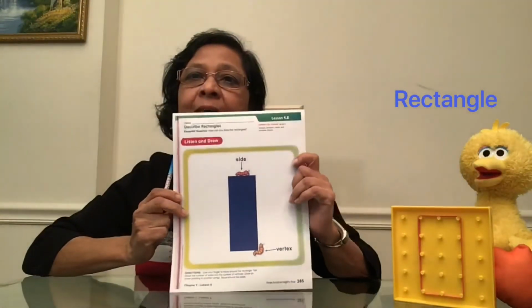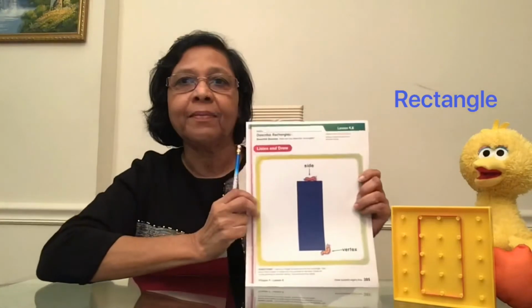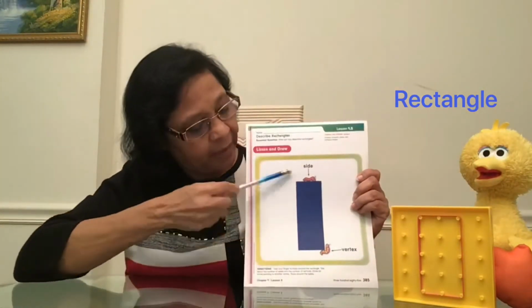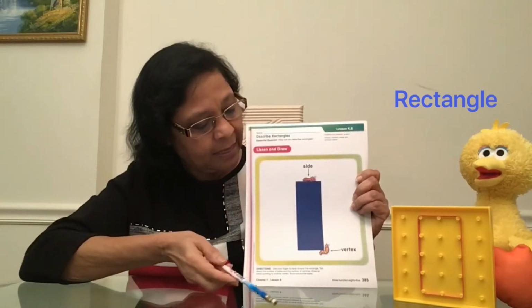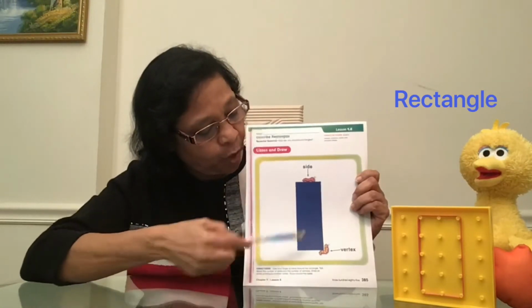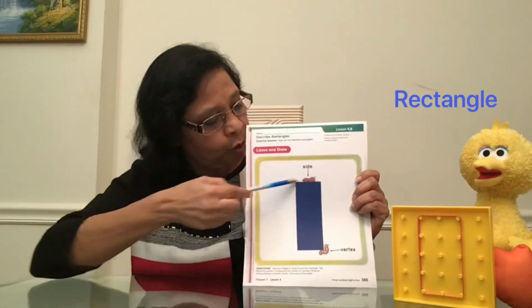So what do you call this shape? Well, it's called a rectangle. Does it look like this? Is this the same? Is this a rectangle? Let's see. It has 1, 2, 3, 4 sides. Right? It has 2 long sides and 2 short sides.